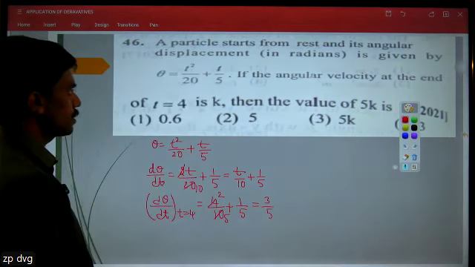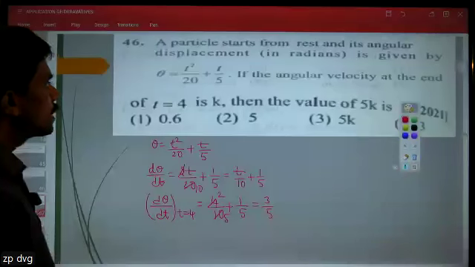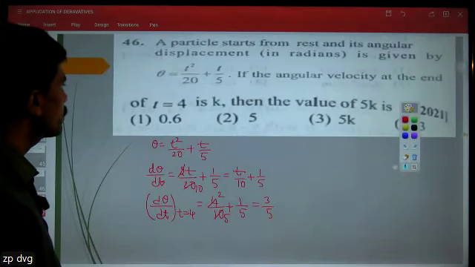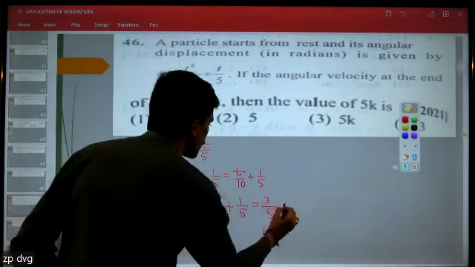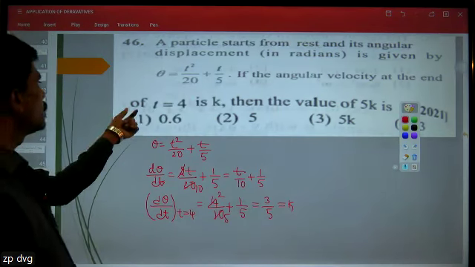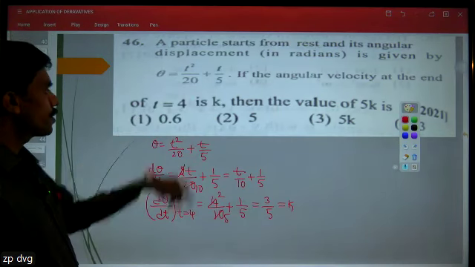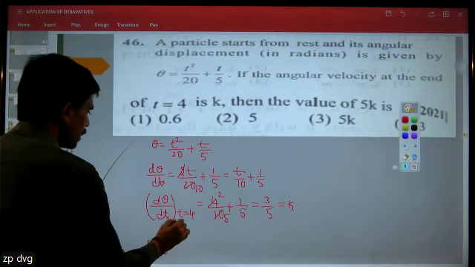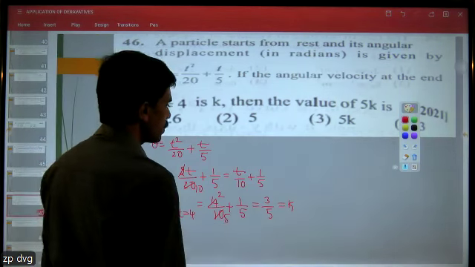So we have to take which is equal to k, because they given that if the angular velocity at the end of t equal to 4 is k, that's why we have to take d theta by dt at t equal to 4 is equal to k.